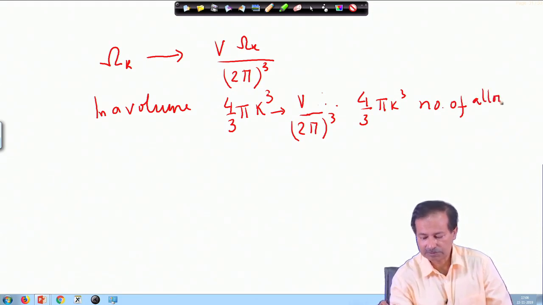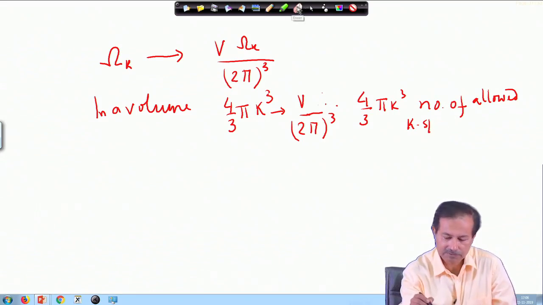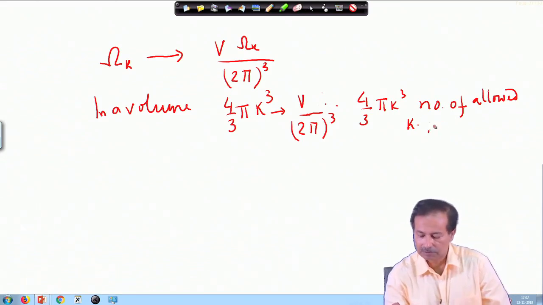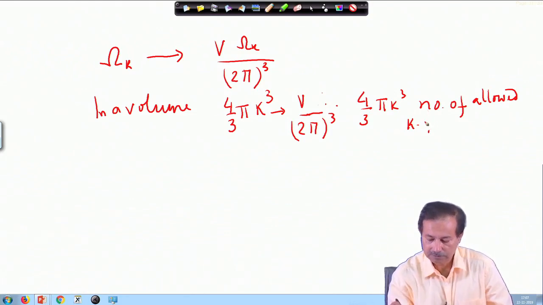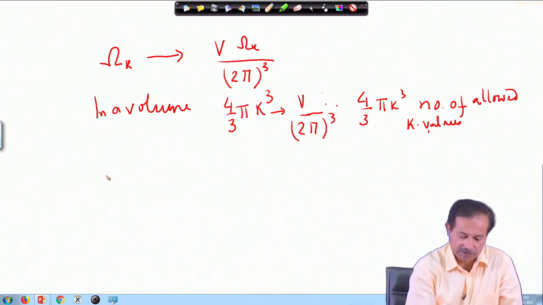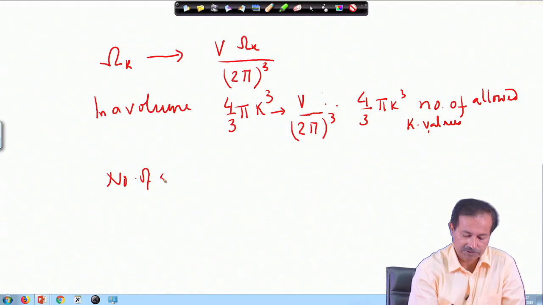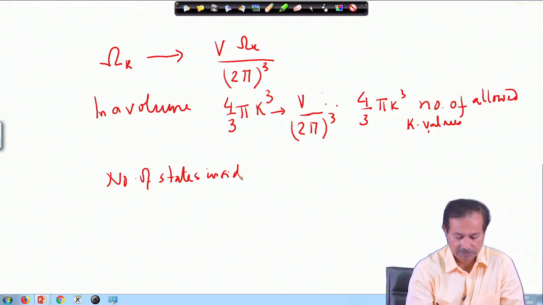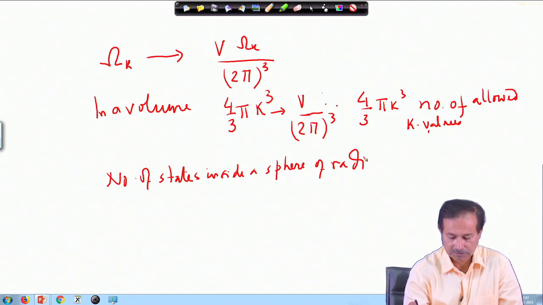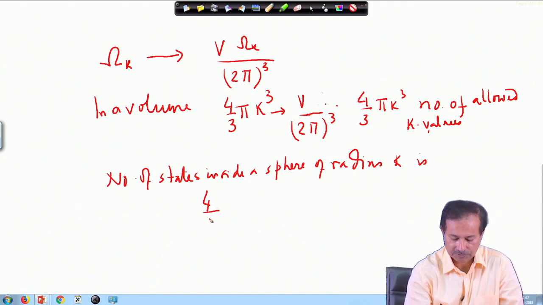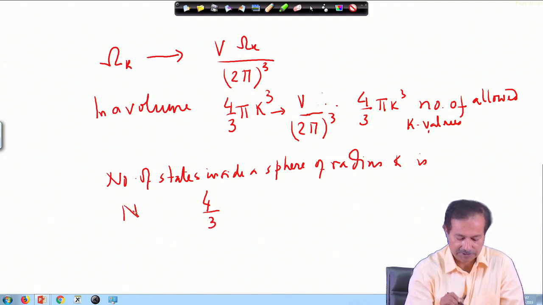allowed k values, which is basically the states k values. So, this is the number of states inside a sphere of radius k is just this 4/3 pi. So, number of states.